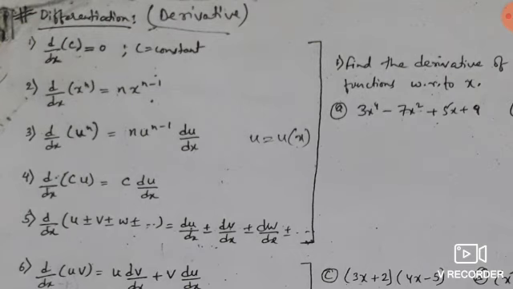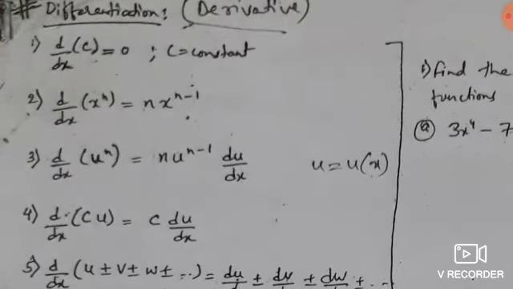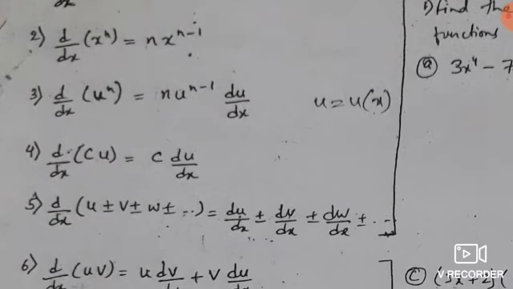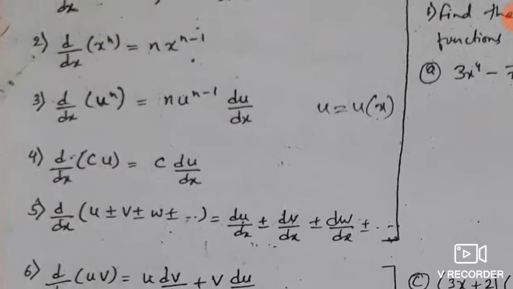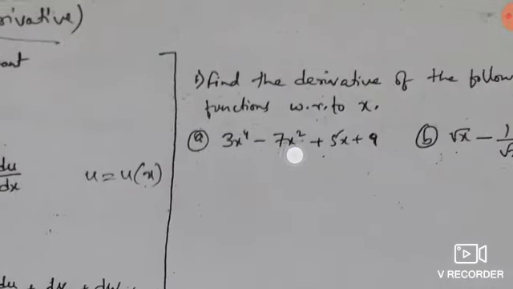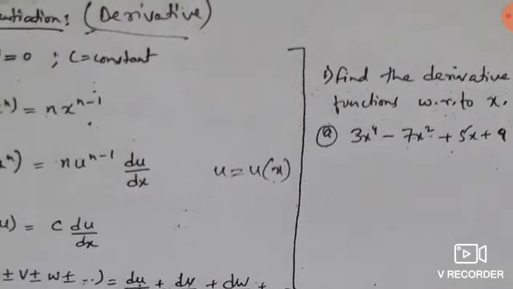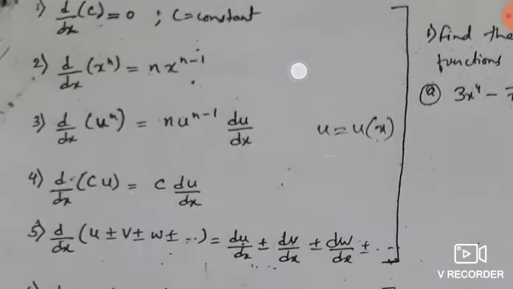So x^n will give n x^(n-1). And similarly d by dx of u to the power n, where u is a function of x. I will show all these formulas with the help of the example question given here. If I solve this question, these formulas will become very clear.